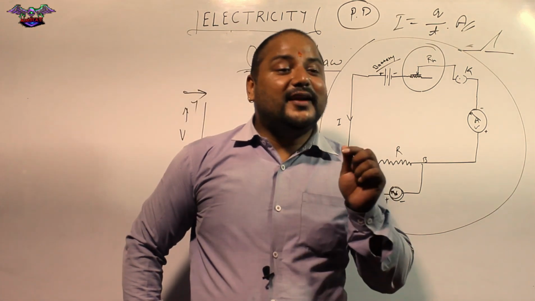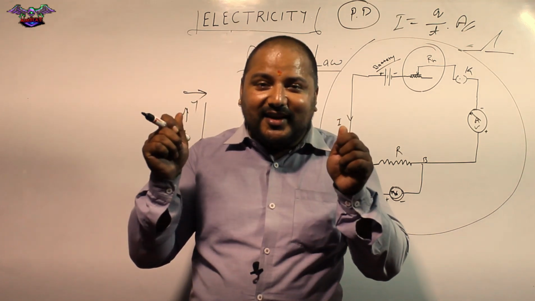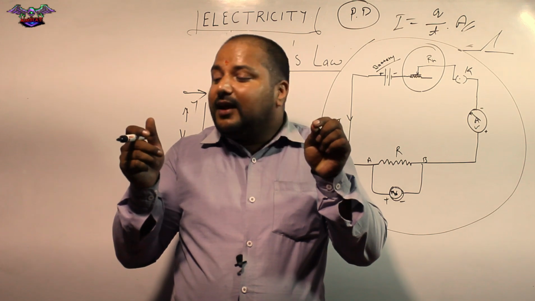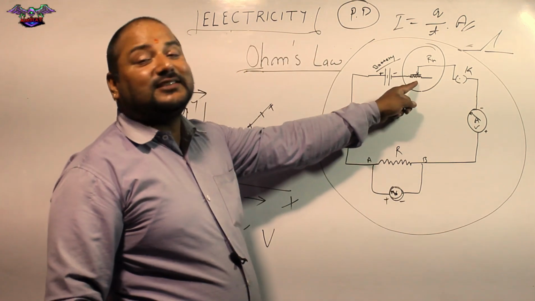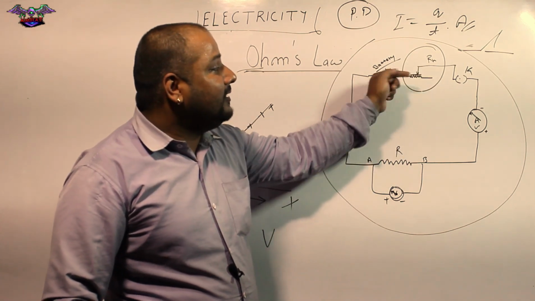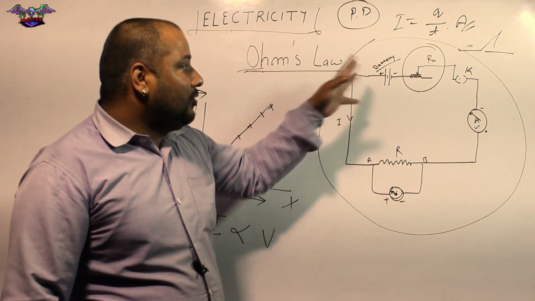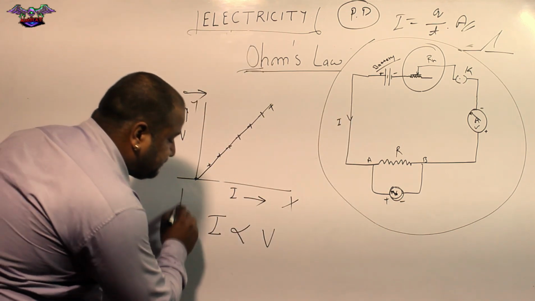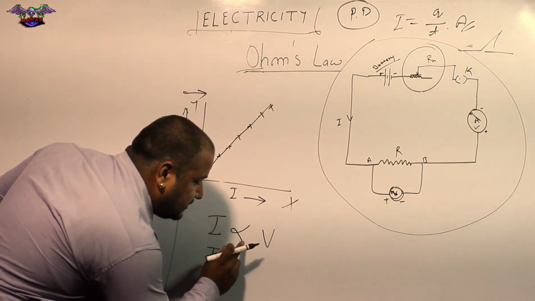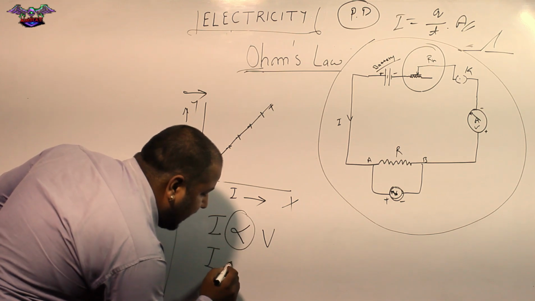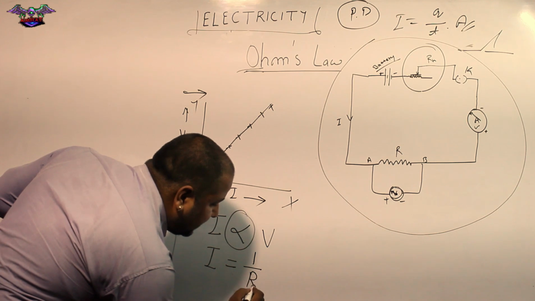current is directly proportional to the voltage. Proportional means that when one quantity is increasing, the other quantity is also increasing, and when one quantity is decreasing, the other is also decreasing. So he found that by changing the resistance the current changes, and when the current changes, the voltage also changes. To change the proportionality sign to equals, one constant will be there.